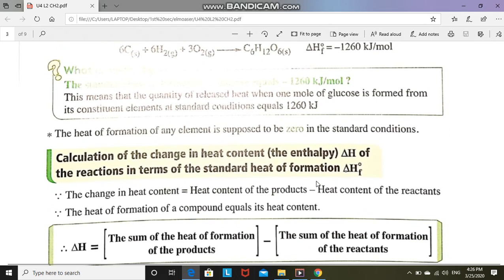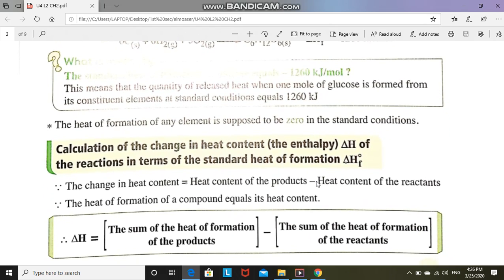So we have heat of formation of any element. We have here heat of formation, heat of combustion, heat of dilution, as we have taken before, heat of solution. All of them for any element will be 0 in the standard conditions.